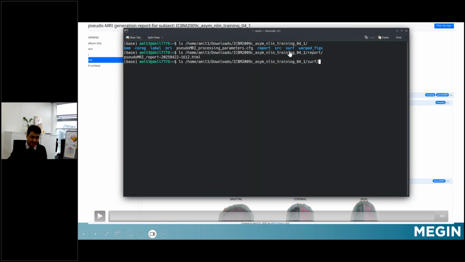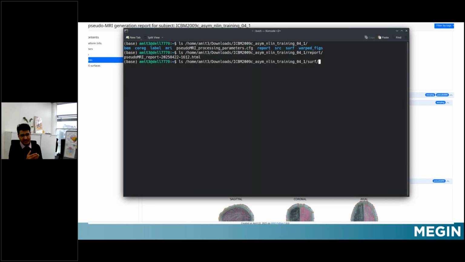If you have a source file, then it will also warp the source file, which is very important. If you are doing a group study, usually when you use individual MRI, you do normalization or morphing to a common template. Since here we are using a common template from the beginning, you don't require any more morphing, and you can use exactly the same number of source points, which are basically warped there.